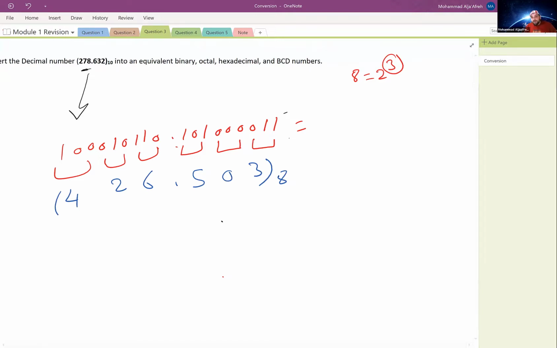Now, what if I want to have it in hexadecimal? Hexadecimal 16 is equal to 2 to the power 4. As such, I need to group every 4 bits to formulate the equivalent hexadecimal digit. Okay?